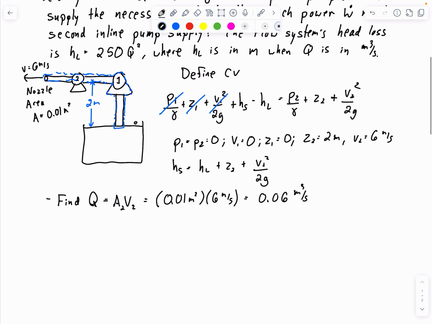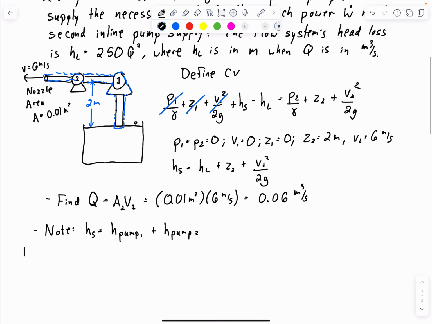Okay, so we can use that to help find H sub L. Now, one thing that we need to note here is that we're looking for H sub S. H sub S includes contributions from both pump 1 and pump 2. So we'll just need to be cognizant of that as we look for our final power required for pump 2.